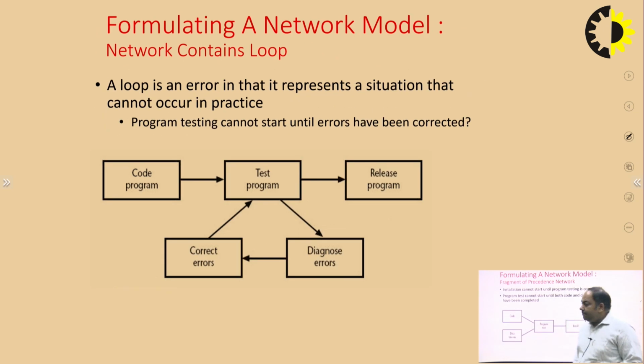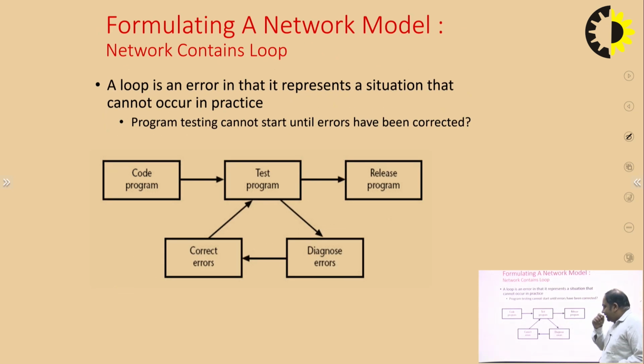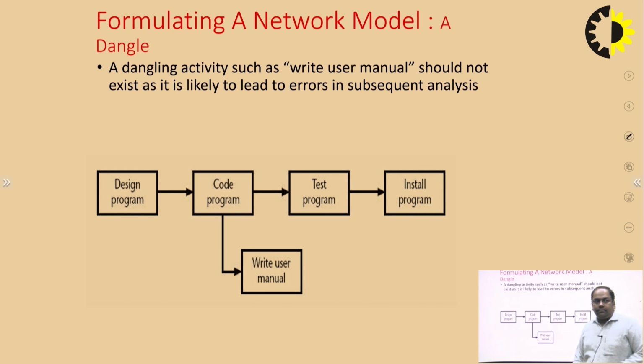When we come to program test and if there is a loop, first we diagnose the error, through which the loop is generating, and after diagnosis we correct that error and then again we test the program and release our program. It means the error has been removed from our program.